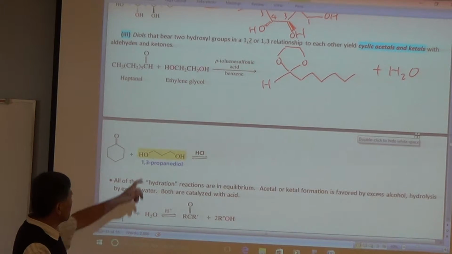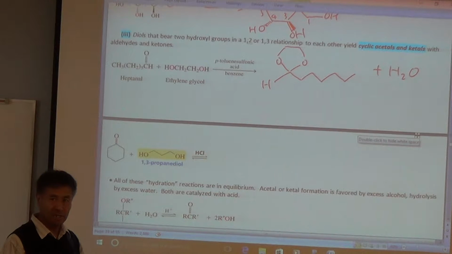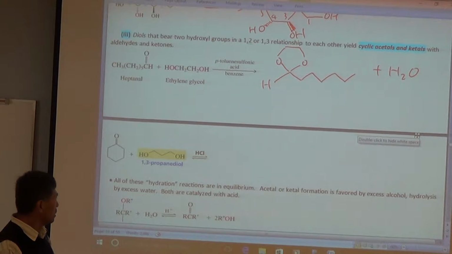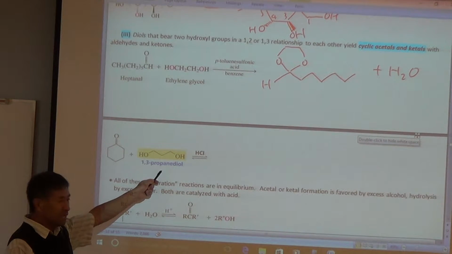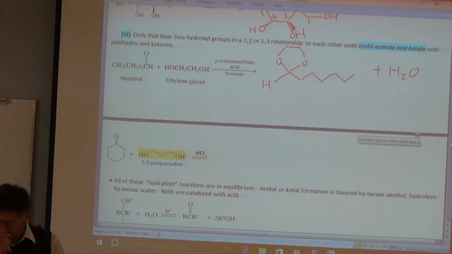So ethylene glycol has 2 carbons in it and is a diol. Now this is a diol but has 3 carbons. You can similarly produce a protecting group on this ketone.